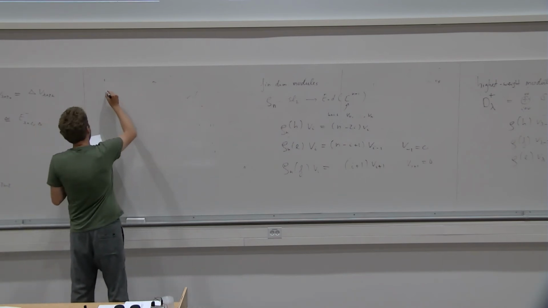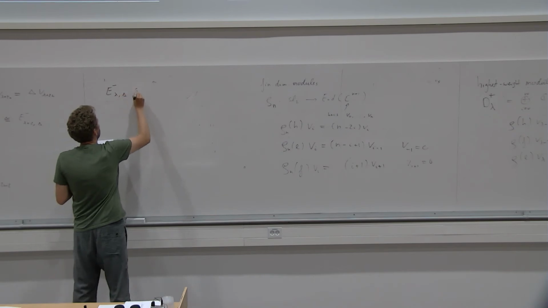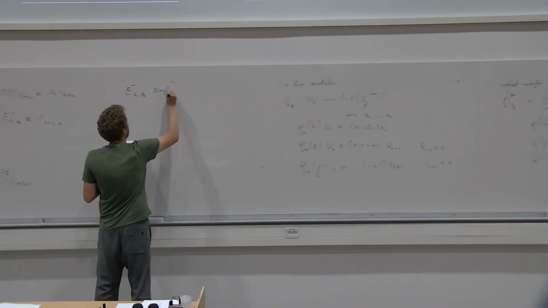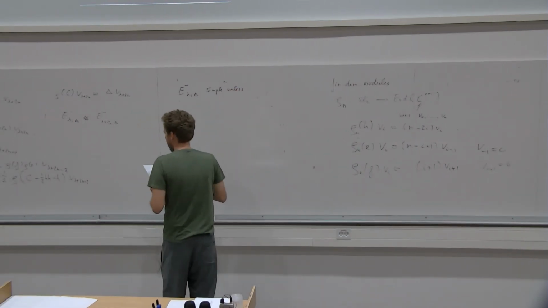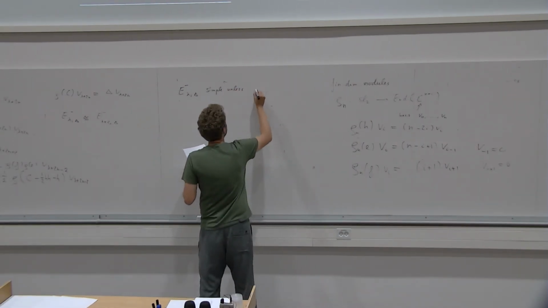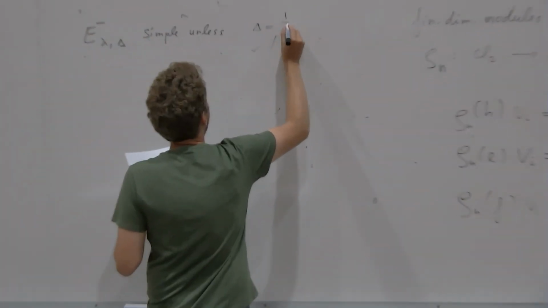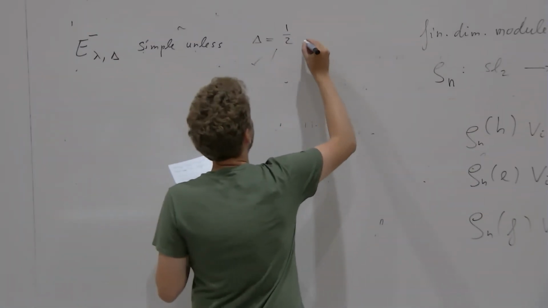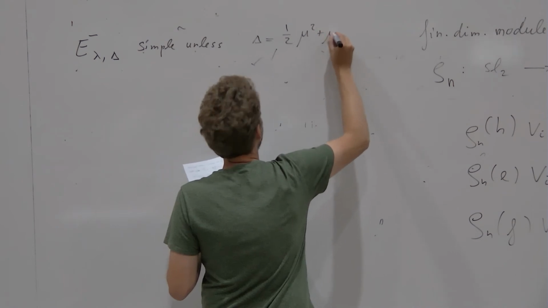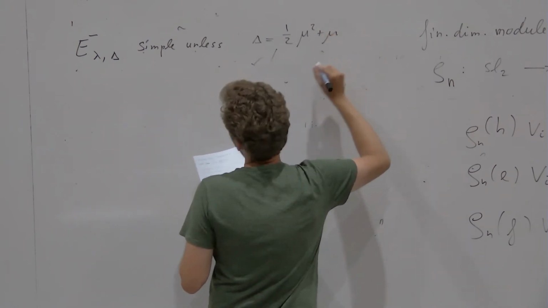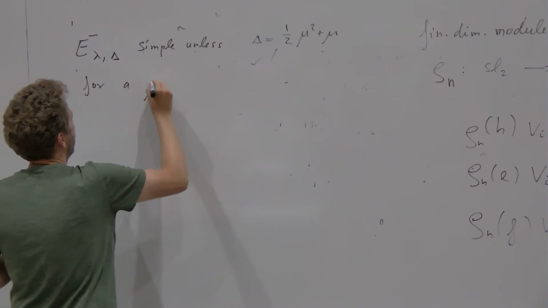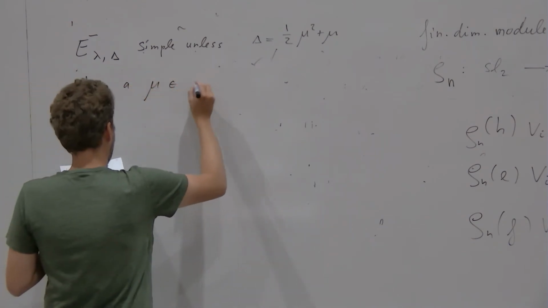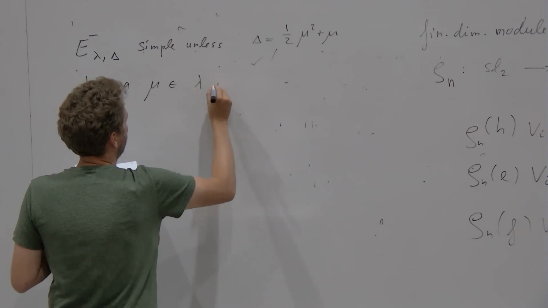So we have this E minus lambda comma delta is simple unless we have a root. This means unless this delta is equal to 1/2 mu squared plus mu for an element mu in the coset lambda plus 2Z.